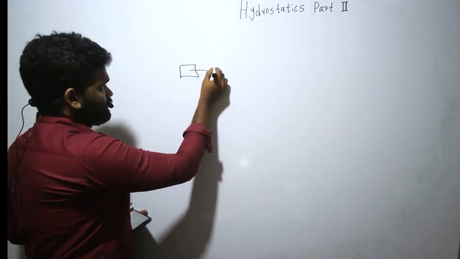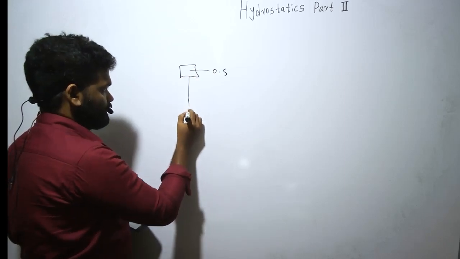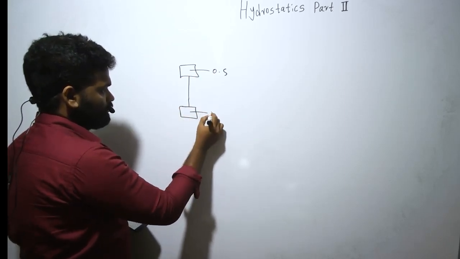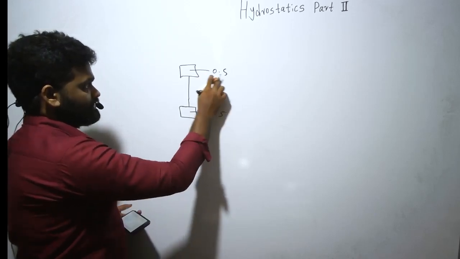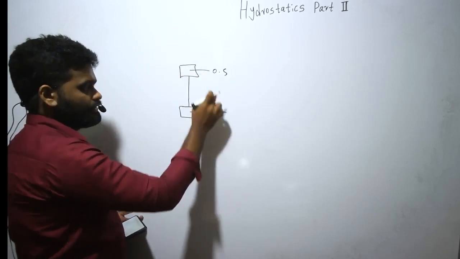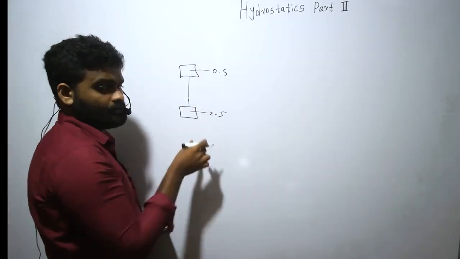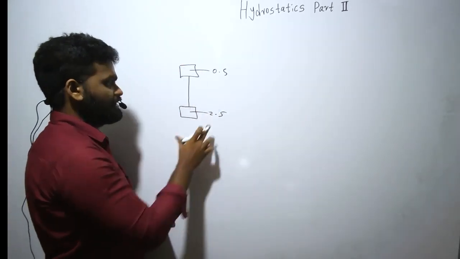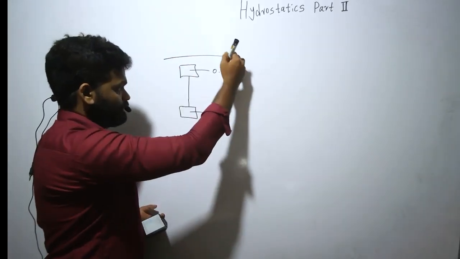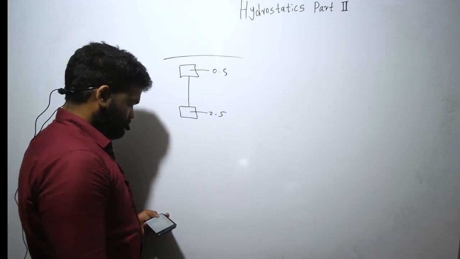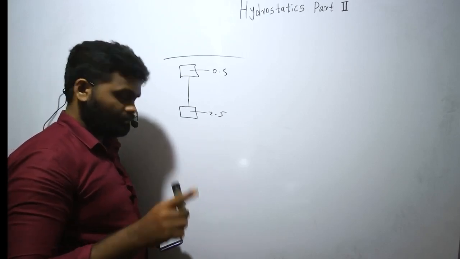So relative density they have given 0.5 for the wooden block, and there's a concrete block which has 2.5. So this is less than density of water, this is more than density of water. So this is trying to float, this is trying to sink. Anyway, the whole system remains at rest, in equilibrium. So this is the liquid. So what they ask is the mass ratio between wooden block and concrete block.